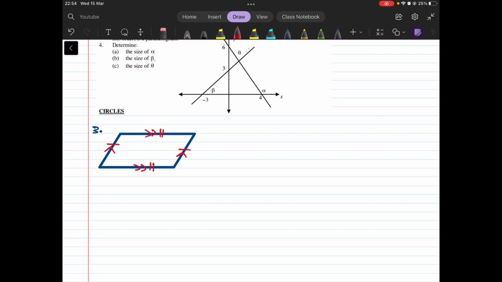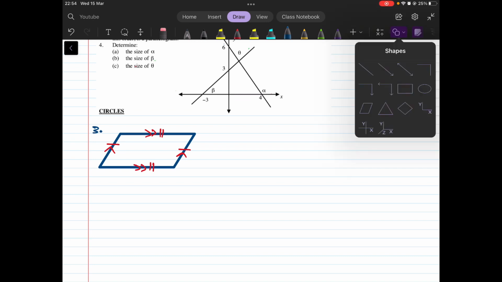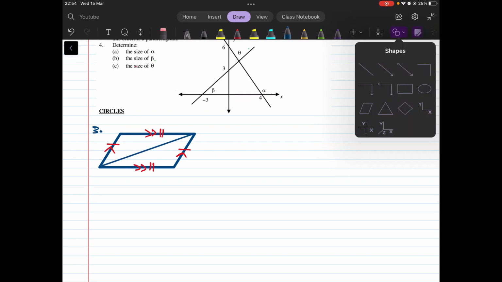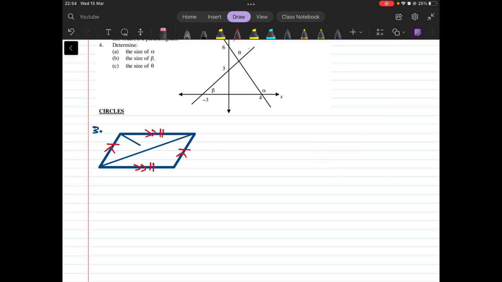The other thing about a parallelogram is that its diagonals bisect each other. I hope that you also remember.